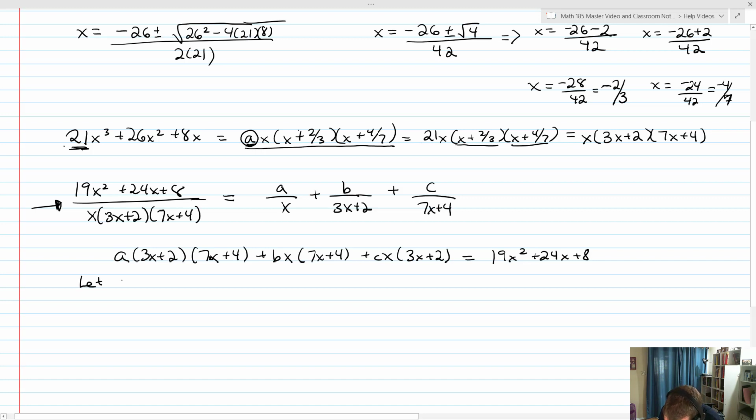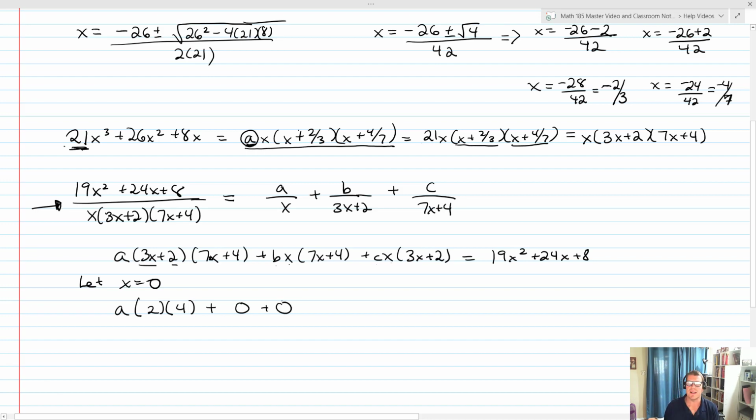We'll let x equal 0. So we're going to get a times 0 plus 2, times 2 times 0 plus 4, and that's 4. So a times 2 times 4, plus b times 0, so it's 0, and then c times 0, so plus 0 plus 0.